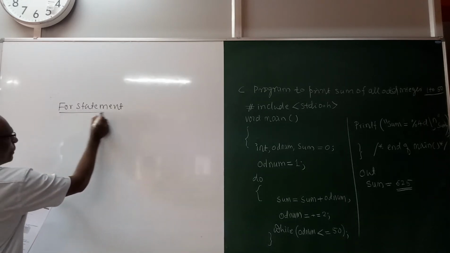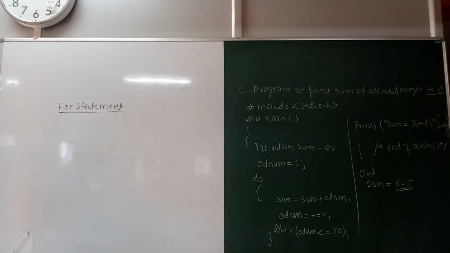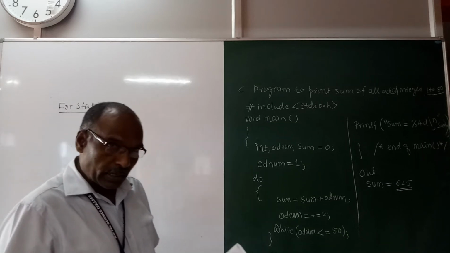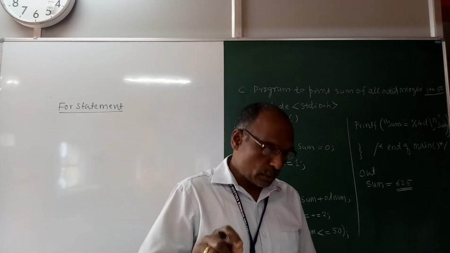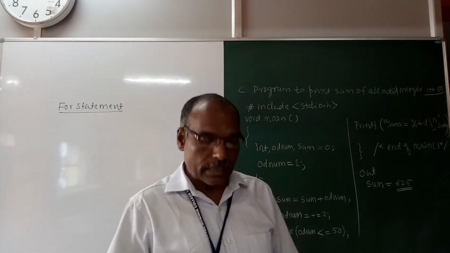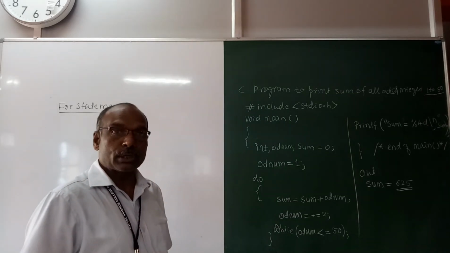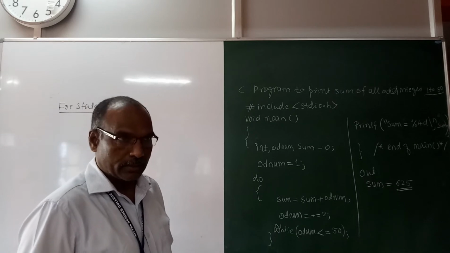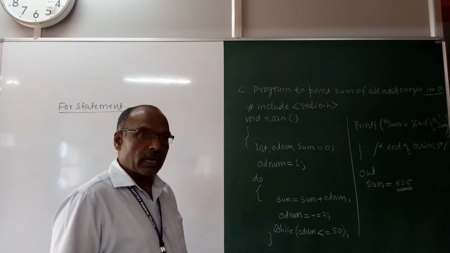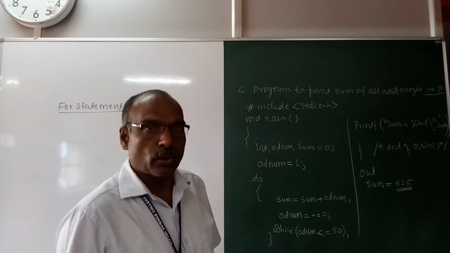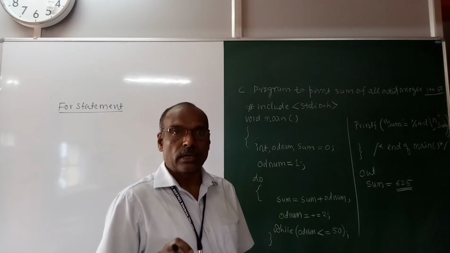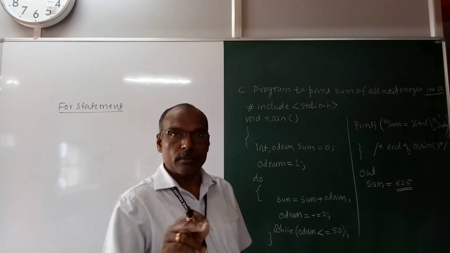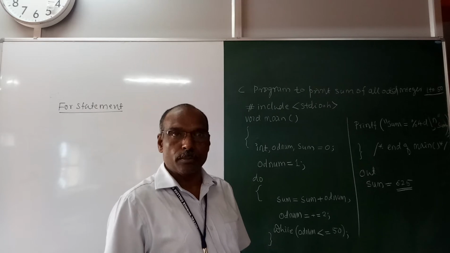This for statement is used when the programmer knows how many times a set of statements are executed or repeated. A programmer who writes the C program knows the number of times the statement should be repeated.